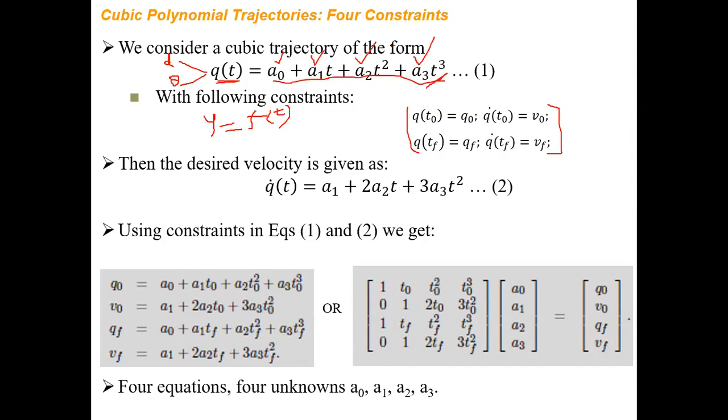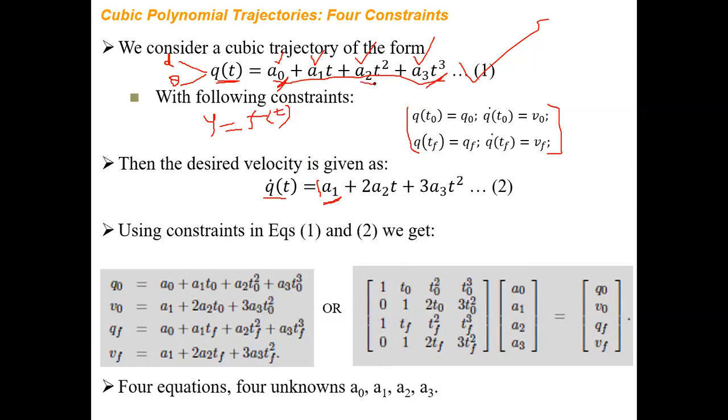So let's do that. This is my given cubic form. What happens if you take the time derivative of this, q dot, on the left-hand side? The derivative of a0 is 0 since it's a constant, so you don't have a0 here. Then the derivative gives a1 as your first term.